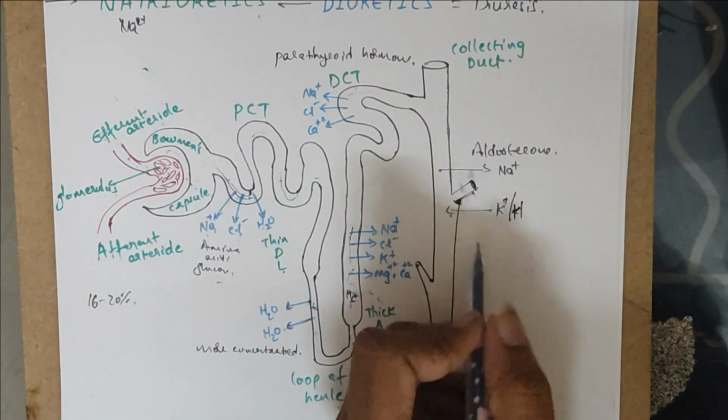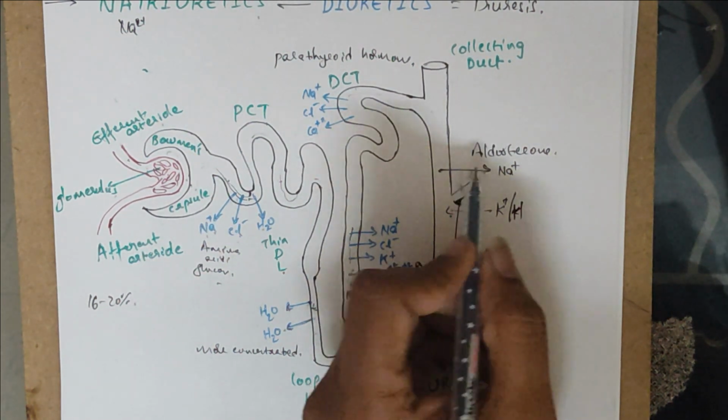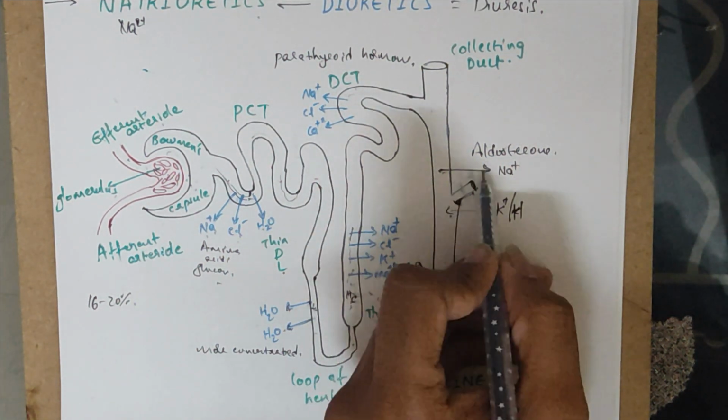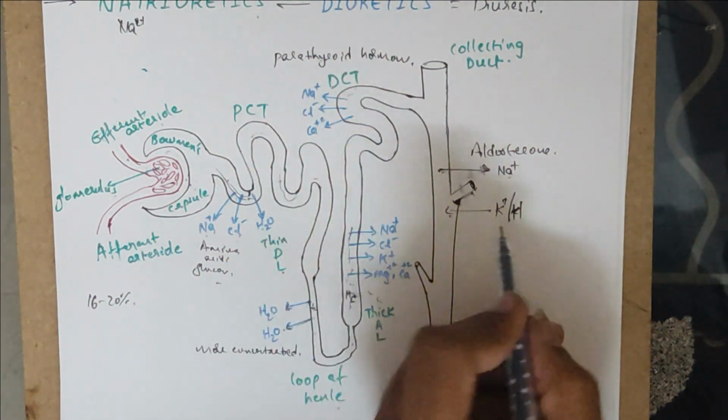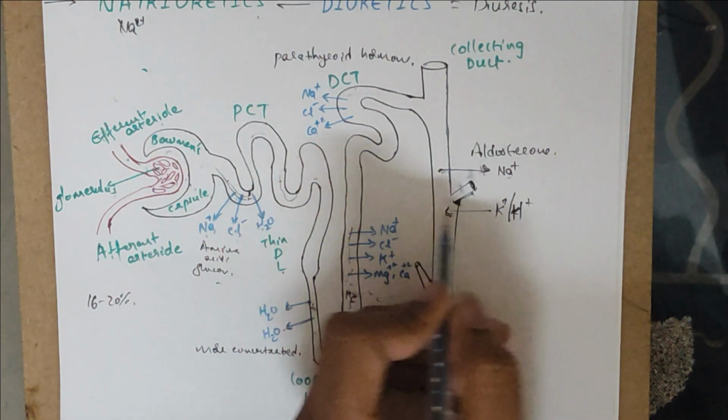Here, the body doesn't want to lose sodium molecules in the presence of aldosterone. By the aldosterone, sodium molecules are reabsorbed into the blood and potassium and hydrogen ions are secreted into the lumen.